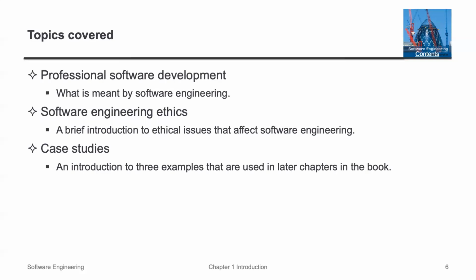The things we'll cover here are what it means to be doing professional software development, then what software engineering means as a result, and then a section that gets into ethics. We also talk a lot about faith integration in our courses, and that will dovetail into this quite nicely, as I think you'll see.